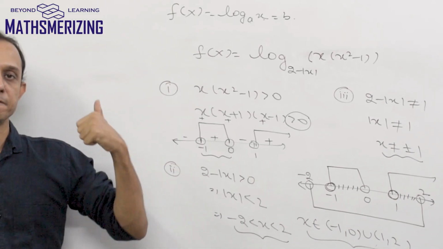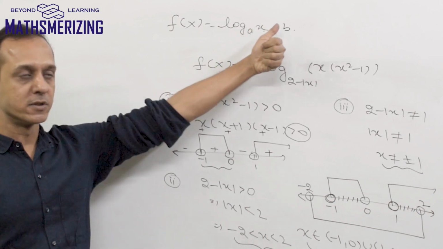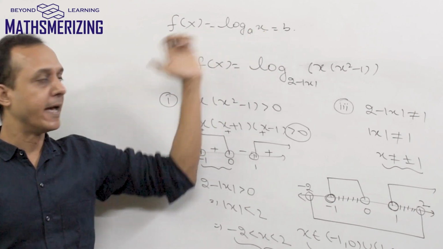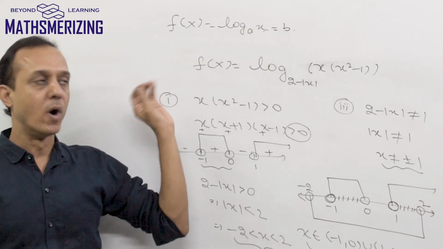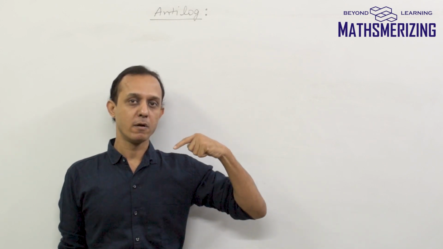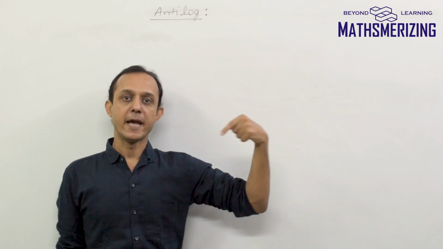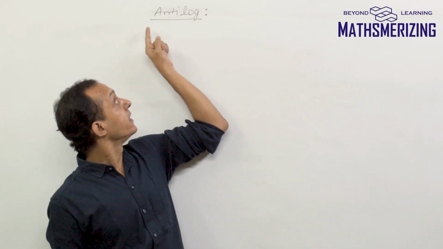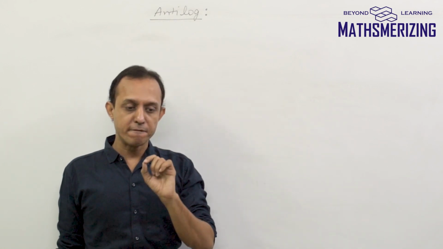So there are three conditions. First, x should be positive, the base should be positive, and the base must not be equal to 1. Now, as we studied in the previous lecture, the modern definition of log associates logarithms with exponential functions. So what we will study now is how to take the anti-log of a given logarithm.